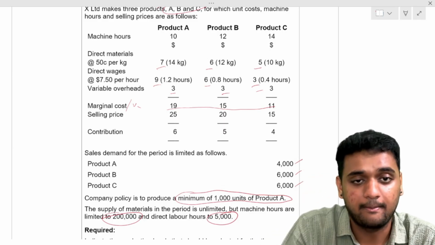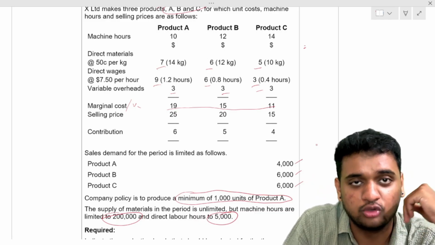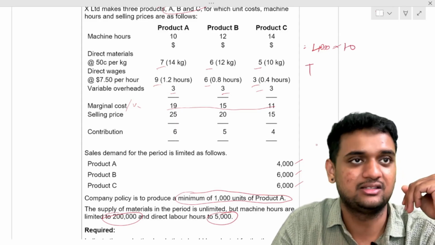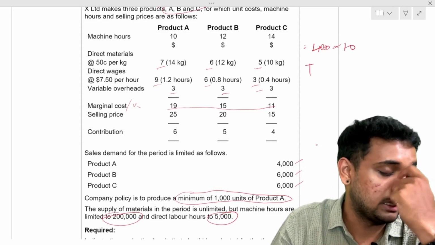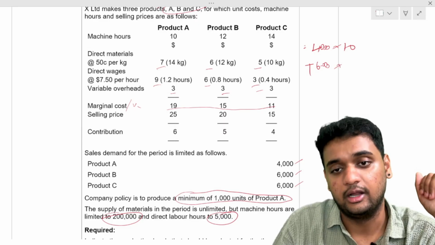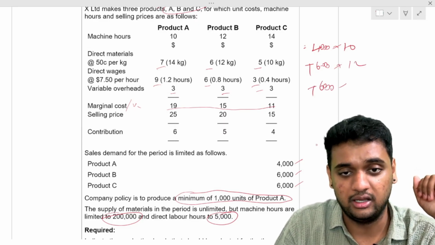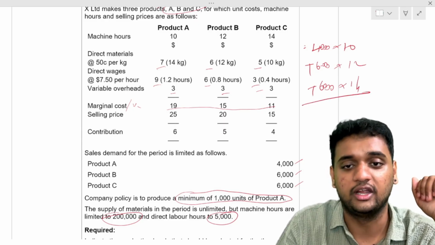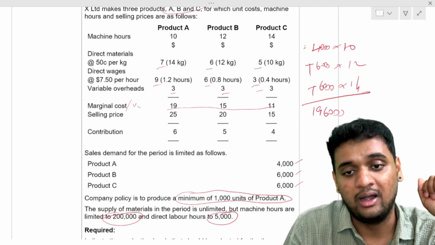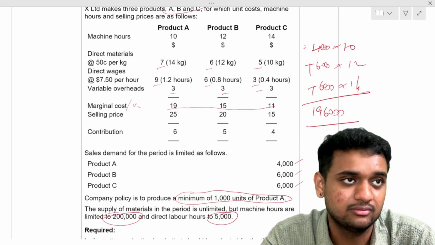Product A demand is 4,000 units into 10, plus product B demand 6,000 into 12, plus 6,000 units of C demand into 14. If you add all those, you get 1,96,000 hours required to satisfy our demand.